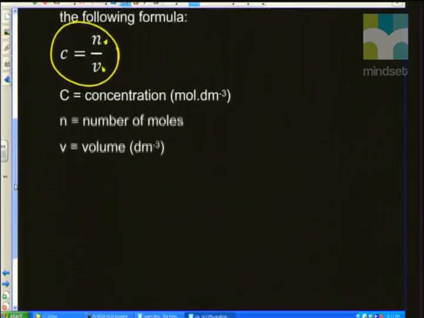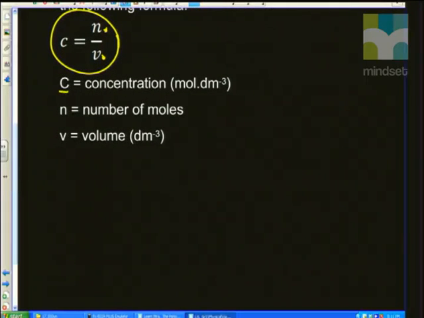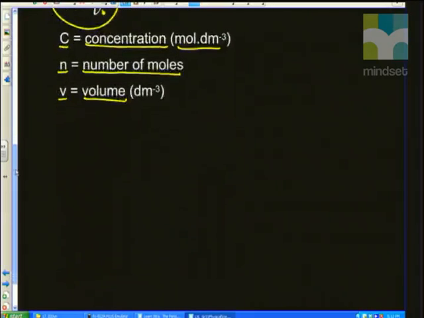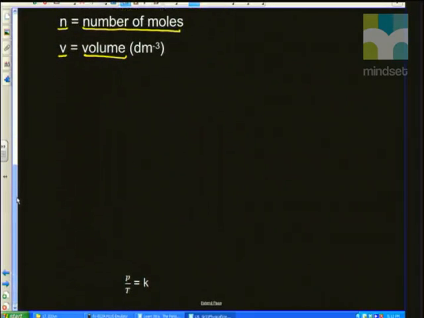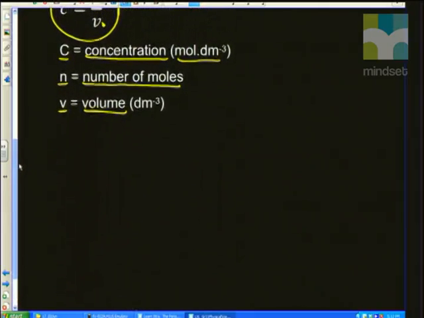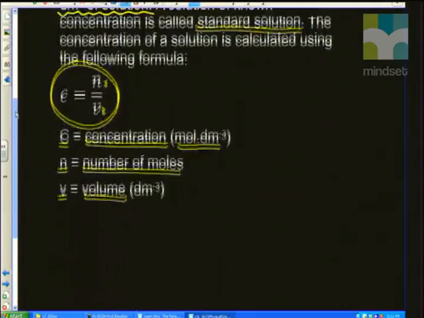We should know that our C there stands for concentration, and it is measured in mole per cubic decimeter, small letter n is the number of moles, and V there is the volume in which this number of moles has been dissolved.